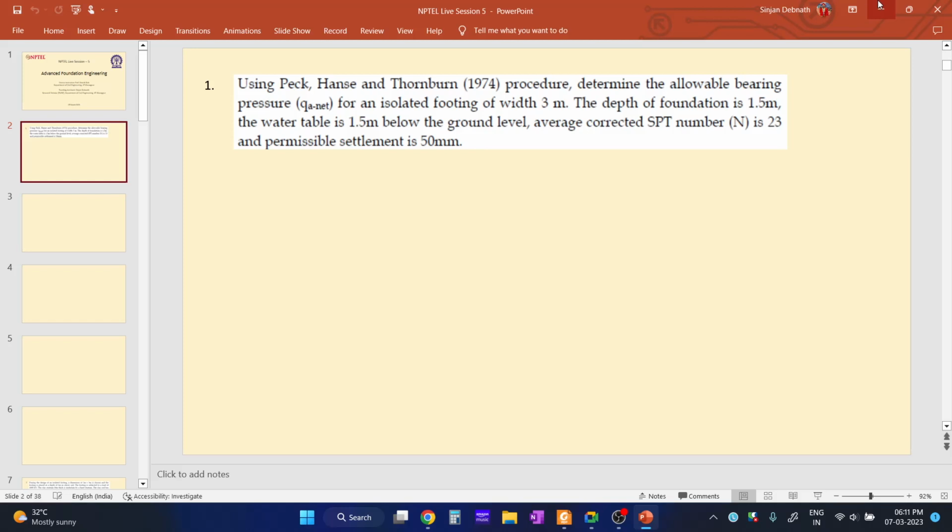According to Peck, Hansen, and Thornburn, they have given an equation for net allowable bearing pressure for isolated footing.